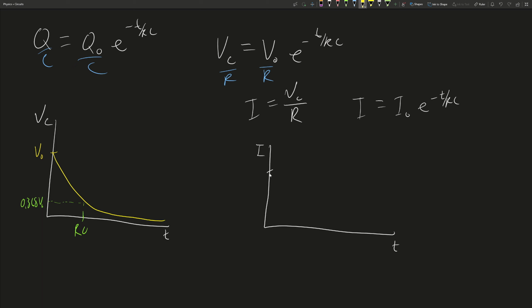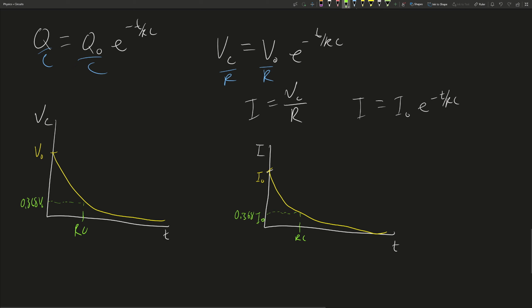So we start off at this initial current, and then it decays towards 0, and at one RC time constant's worth of time, the current flowing will be around 0.368 of the initial current.